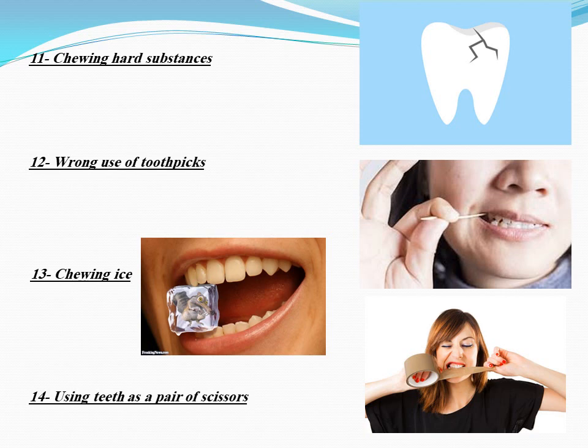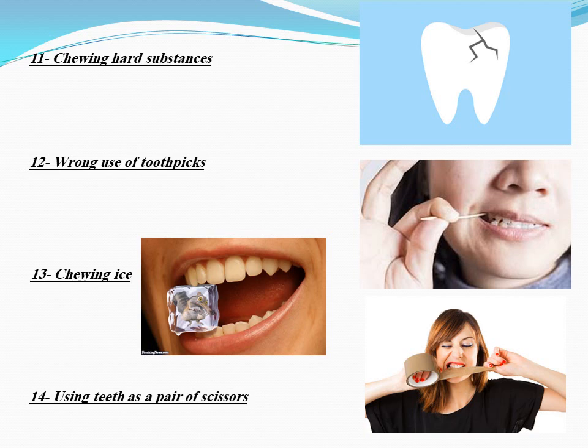A toothpick needs to be used extremely gently in order to dislodge the food from the crevices of the teeth. Chewing ice. This will cause gum recession and even allow your teeth to crack. Really bad. The damage might be so bad that you will need to cap your teeth.